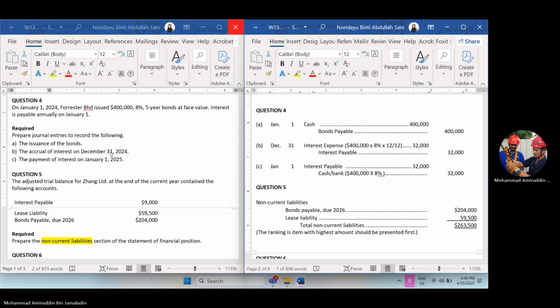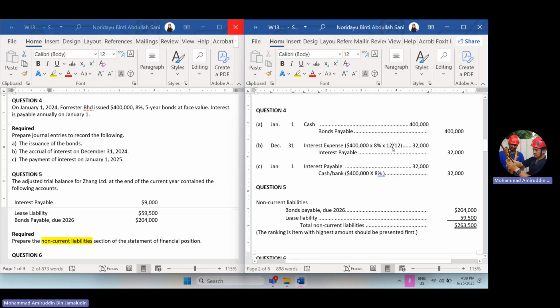Next, accrual of interest on December 31st. So 1 year. How can I know? Because your bond has been issued on 1st January, so now it's the end of year, 12 months. So my accrual of interest is the adjusting entry. Debit interest expense, credit interest payable, of course, as we have not yet paid. So 400,000, the value of the bond, multiply 8%, the interest rate also called coupon rate, and then multiply 12 over 12.